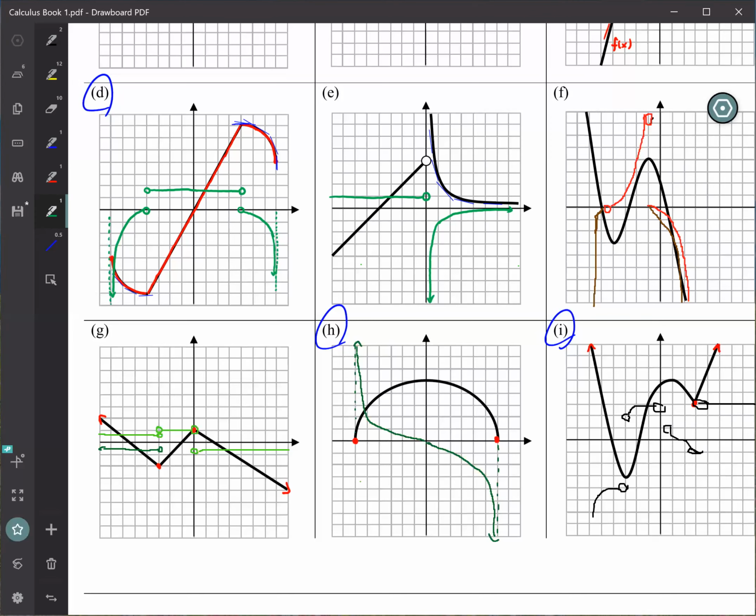One thing I had different was the point where it started. They all started at 0 because the slope at that point is 0. Wait, I'm going to try and draw it. Yeah, draw it, it's easier to talk about. So they all kind of started at 0, like this.